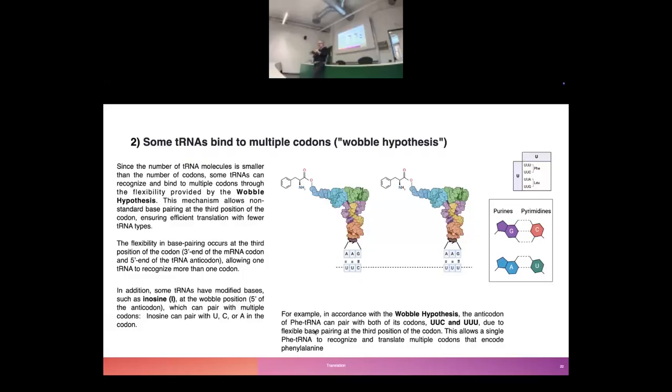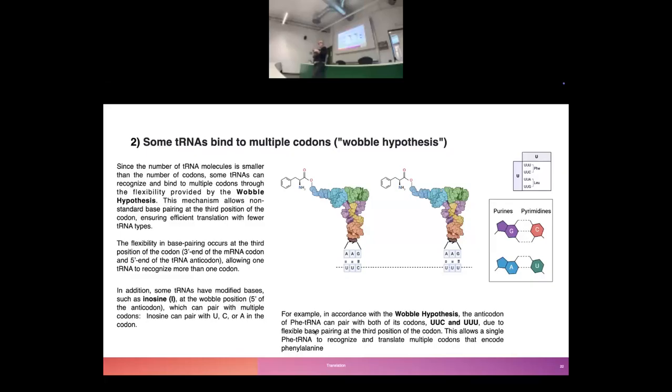In that case, with phenylalanine, there are two codons, UUC and UUU, and there is only one tRNA, whose anticodon is AAG.